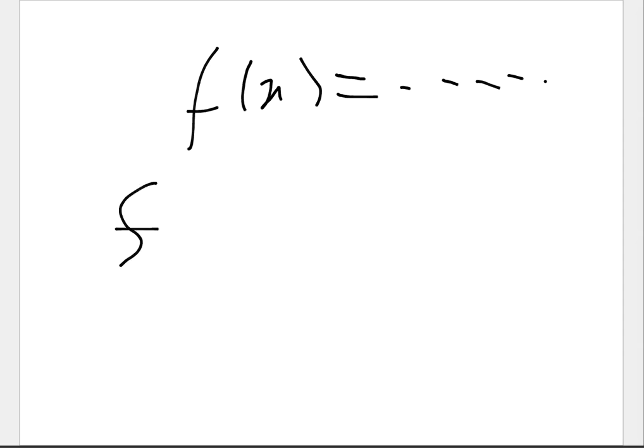If you have f(x), any equation, and you can't solve this equation by a direct method of mathematics, your representation is a real value.